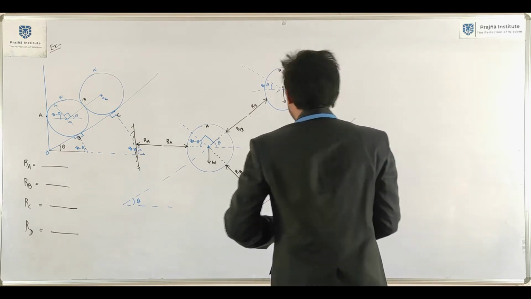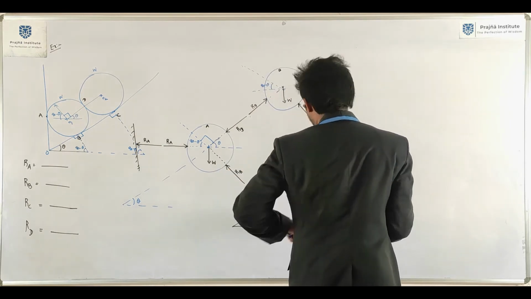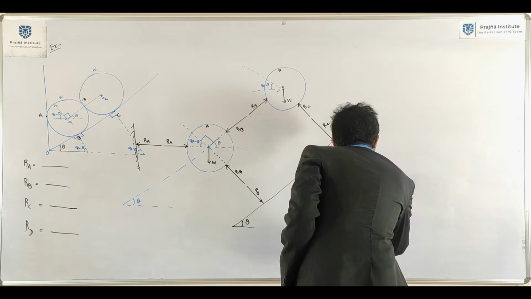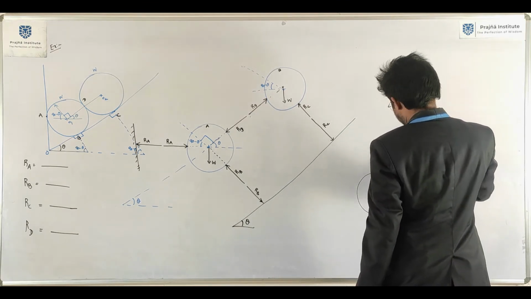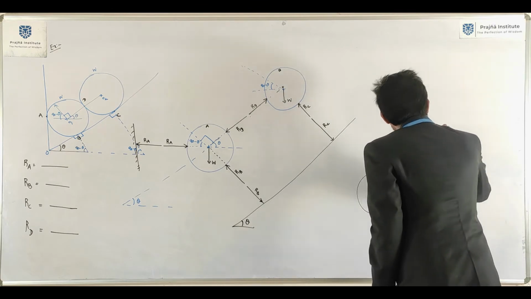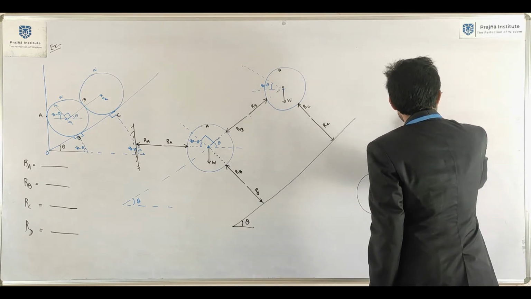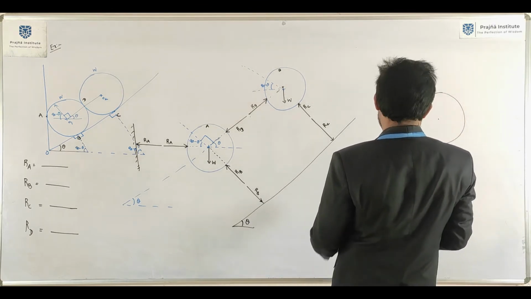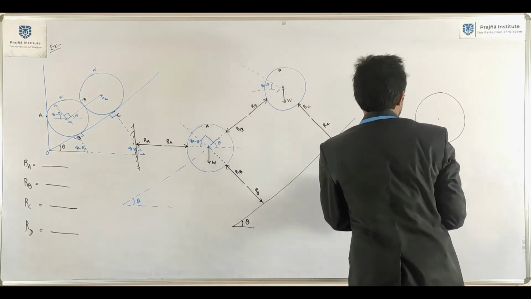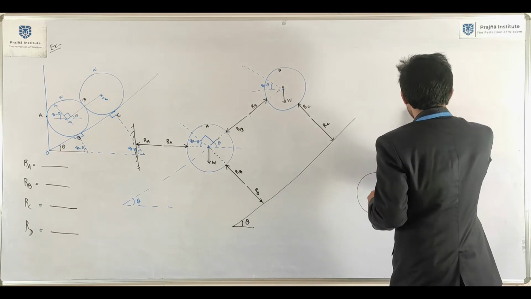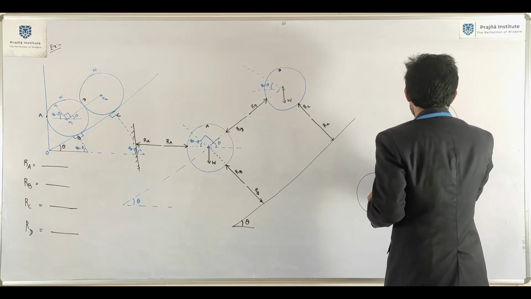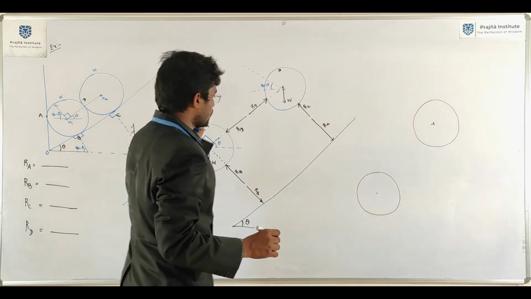Now draw the free body diagram for roller 1. Roller 1 and roller 2.